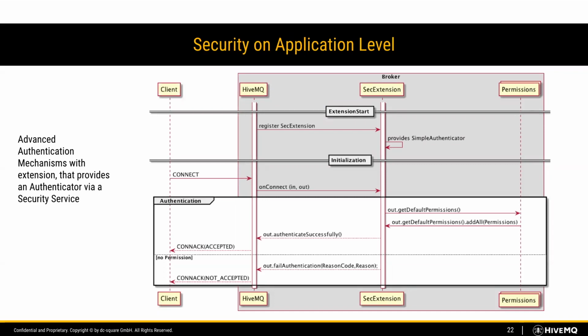So on the very right here, these are the permissions, and this can be any system like we talked about. So your LDAP, your OAuth can be the source of these permissions here. And what we see here is that during the connection establishment, actually on application level, we make sure that our client only gets the permissions that we want him to have.